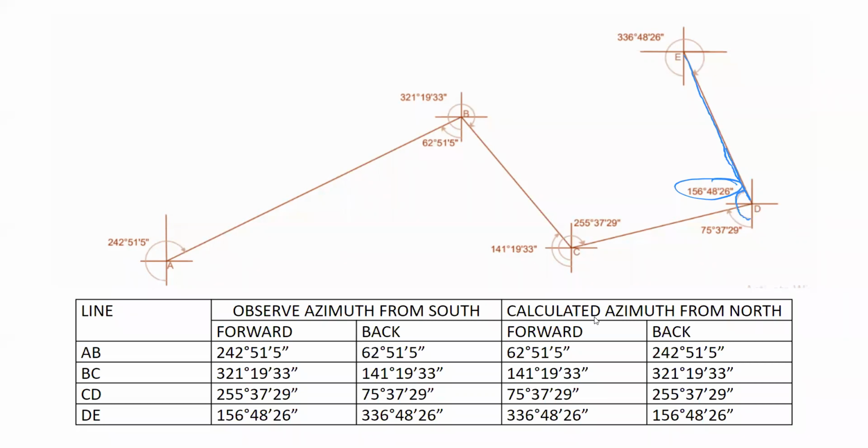So, ang back azimuth niya from the south, papunta doon sa line na to. That's your back azimuth. So, as you can see, this is less than 180 degrees. Kaya nag-plus tayo ditong 180 degrees para makuha itong back azimuth natin na 336 degrees, 48 minutes, 26 seconds. Okay?